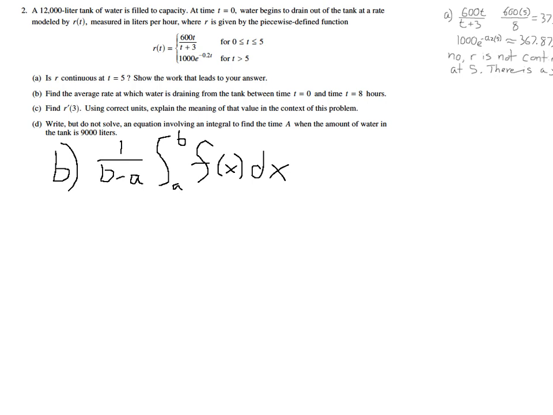So I just need to do that here. The one part that makes this a little bit tricky is that it's a piecewise function, and so immediately you might think, uh-oh, that's going to change things, but it doesn't.